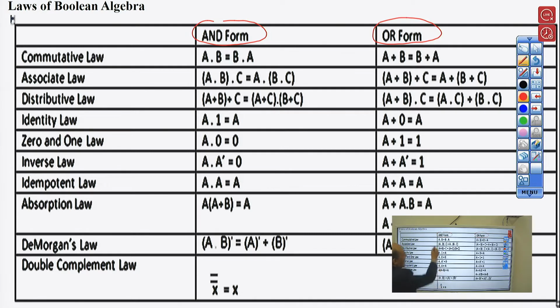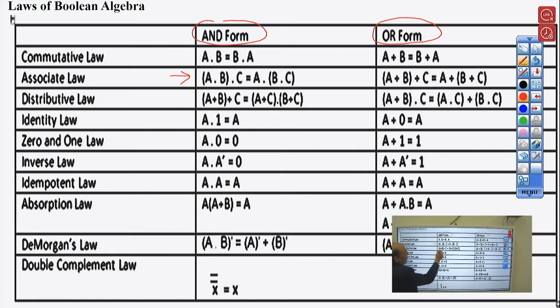Commutative law: A and B equals B and A, so X and Y equals Y and X. And for the OR form, A or B equals B or A. Associative law: A and B together and C equals A and B and C together. And for the OR form, A or B together or C equals A or B or C together.